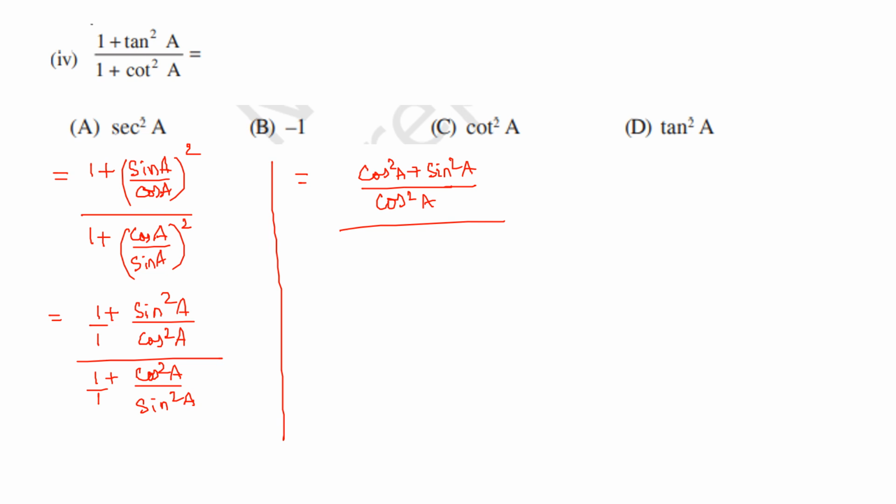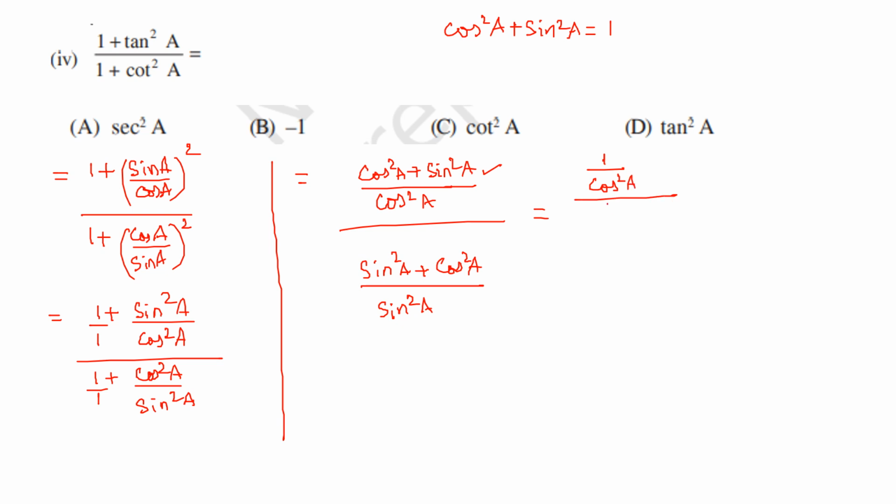In the denominator also, the LCM of 1 and sin square A will be sin square A, so now it will be sin square A plus cos square A over sin square A. Now after that, if you see cos square A plus sin square A, this is the identity, right? Cos square A plus sin square A, this value is 1. Just now we studied this identity. So I'm going to write in place of cos square A plus sin square A as 1. So 1 by cos square A divided by 1 by sin square A.